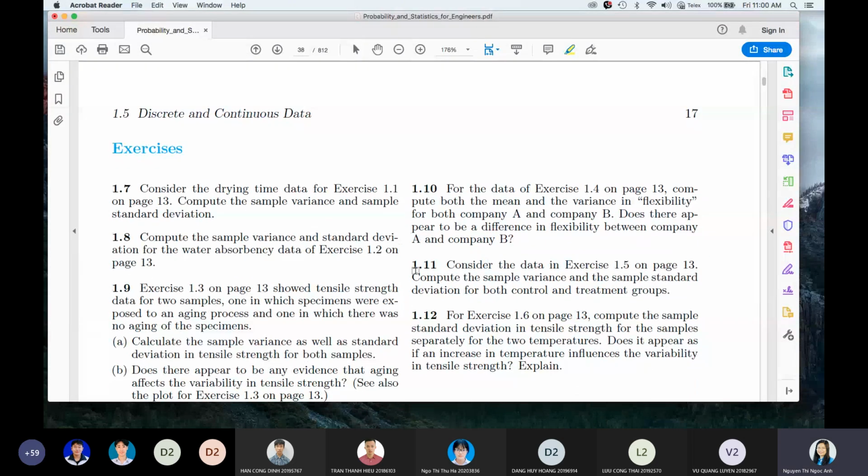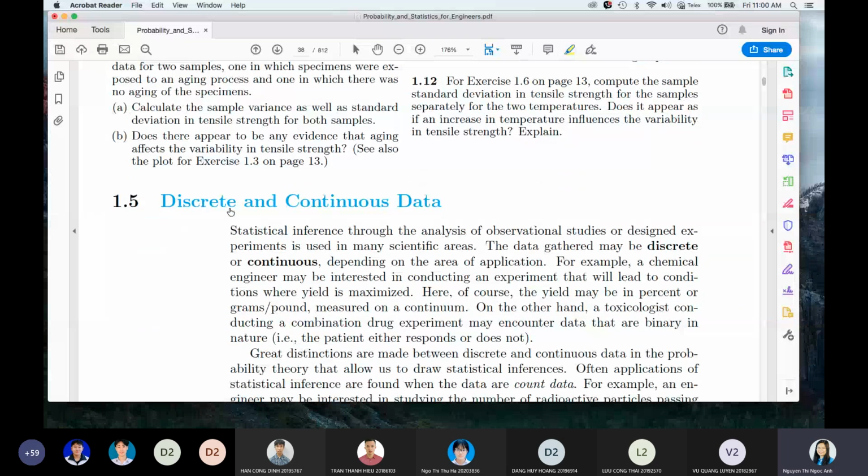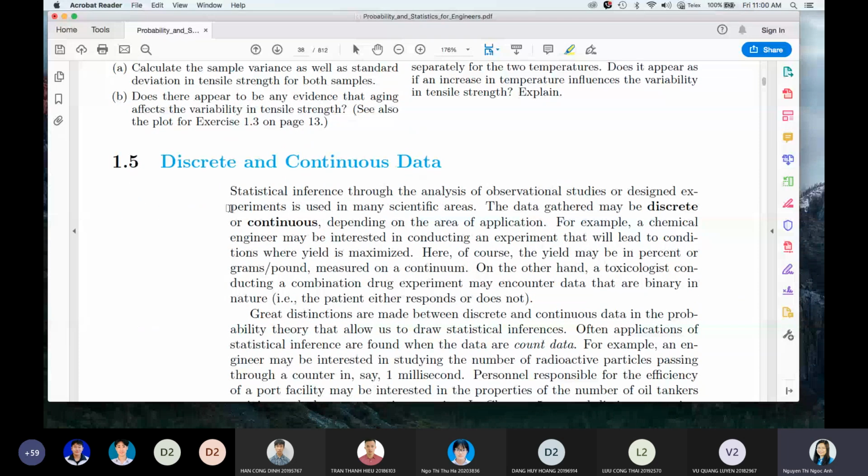And here's the exercise you work on for this week. Now I move on to discrete and continuous data, lecture 5. Before that, do you have any question about the sample variance and sample mean?